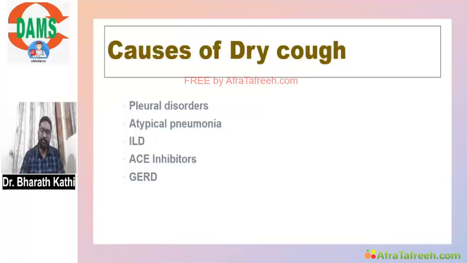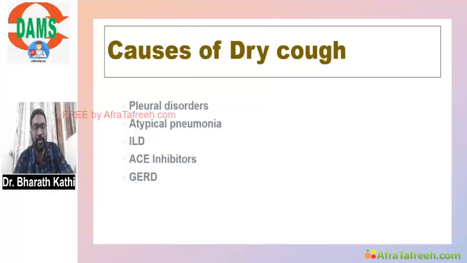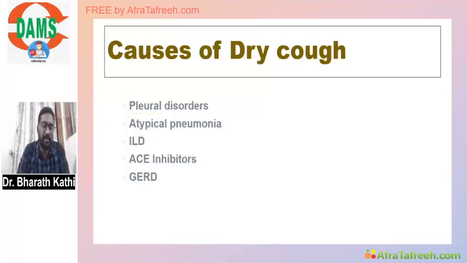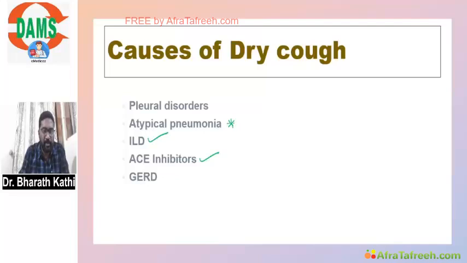Then you have atypical pneumonia. So atypical pneumonia is a common cause of dry cough. Interstitial lung diseases are a cause of dry cough. ACE inhibitors and GERD. So GERD dry cough, ILD dry cough, ACE inhibitors, and atypical pneumonias, especially viral pneumonias.